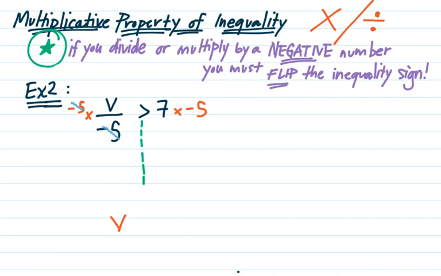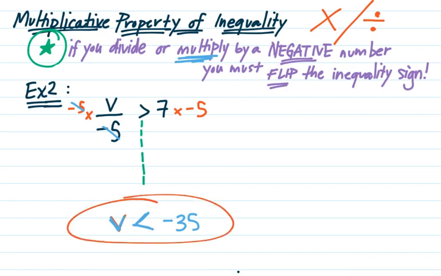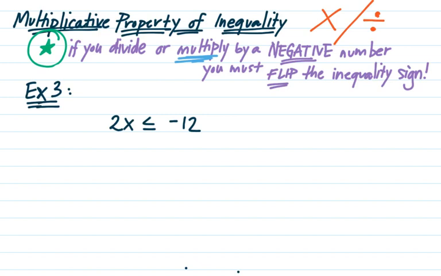And we're left with v all alone, and we have minus 35 here on the right. But if you remember this instruction, if you divide or multiply by a negative number, we have to flip this inequality sign. So instead of v greater than minus 35, we're going to say v is less than minus 35 in this case.